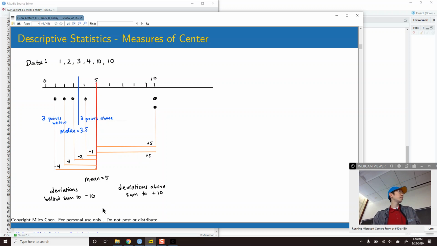So the mean balances those out. Deviations adding up to -10 below, deviations adding up to +10 above, and the mean balances that out. It's kind of remarkable that the simple strategy of just adding up the numbers and dividing by how many you have performs this task of balancing the deviations. But that's how you can think of the mean and the median.